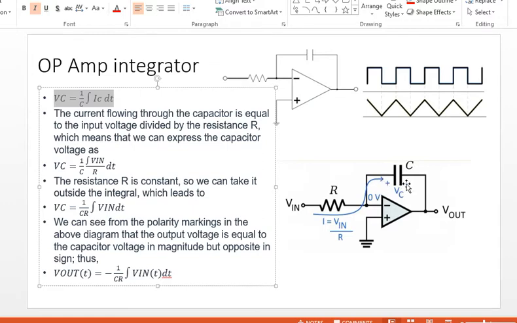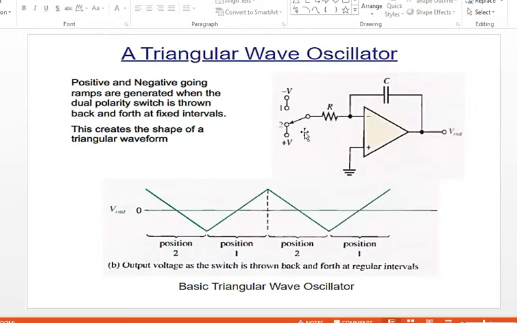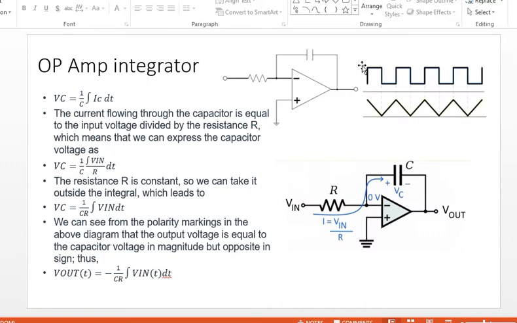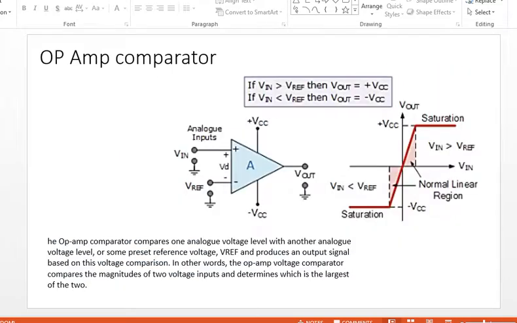Similarly, because VC is just flipped in direction to V out, we can place a minus sign, and it is equivalent to minus 1 over RC times the integral of V in, right? So when there's a continuously flipping square waveform in the input, iska integral would be a triangular waveform, and this is what we will be producing in our circuit.